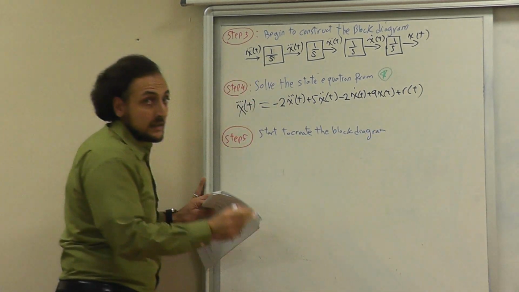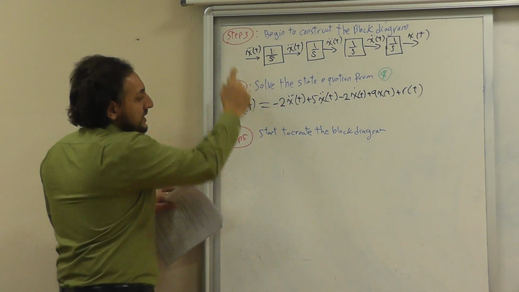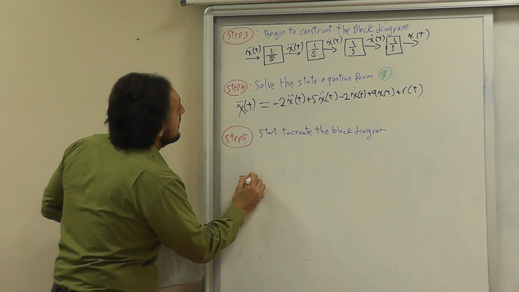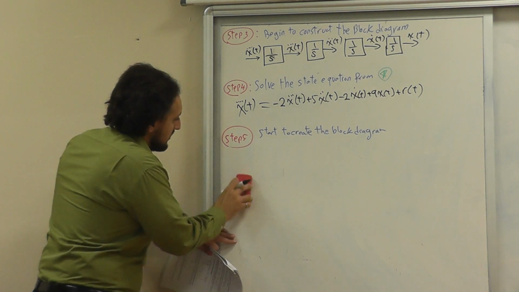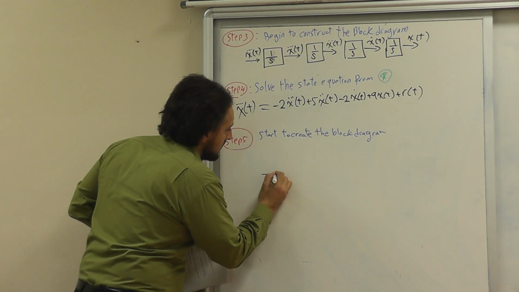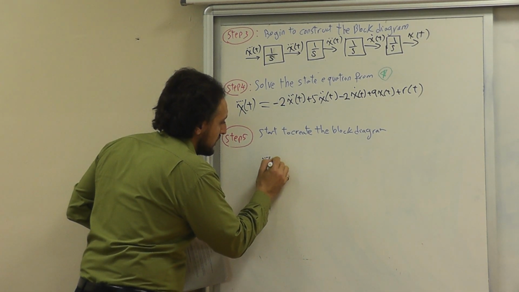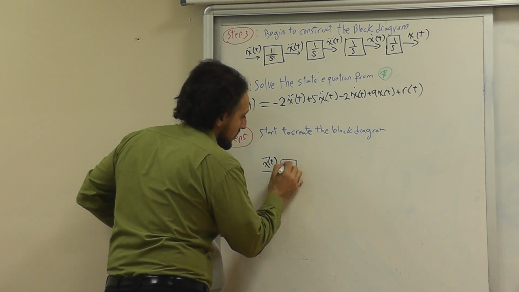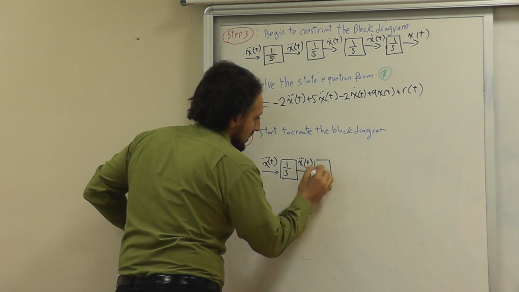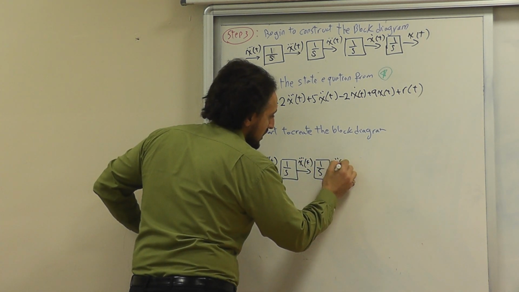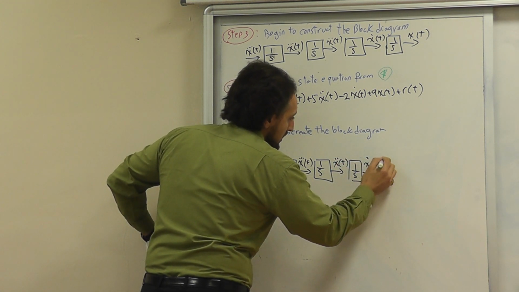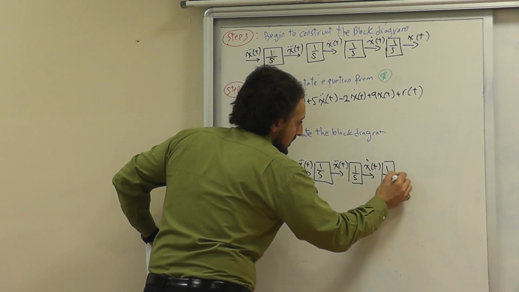Now here is the technique. First I put this here. Okay, I put all of them here. So t, 1 over s, t, 1 over s, t, and 1 over s.